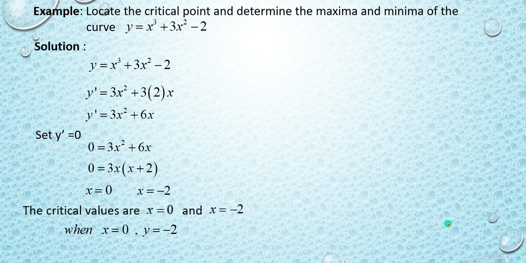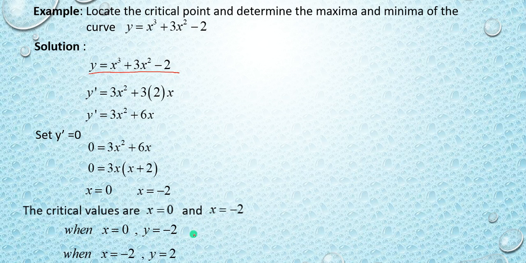When x equals 0 and we plug it into the original equation of the curve, which is y equals x cubed plus 3x squared minus 2, we get a value of y equals negative 2.